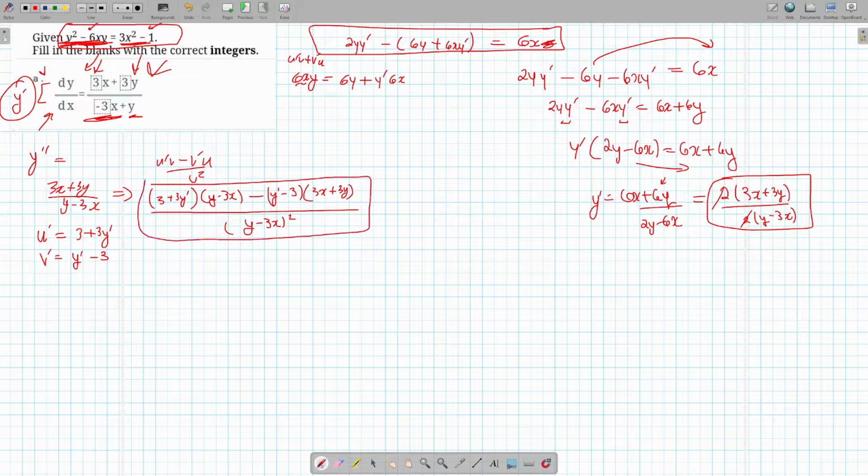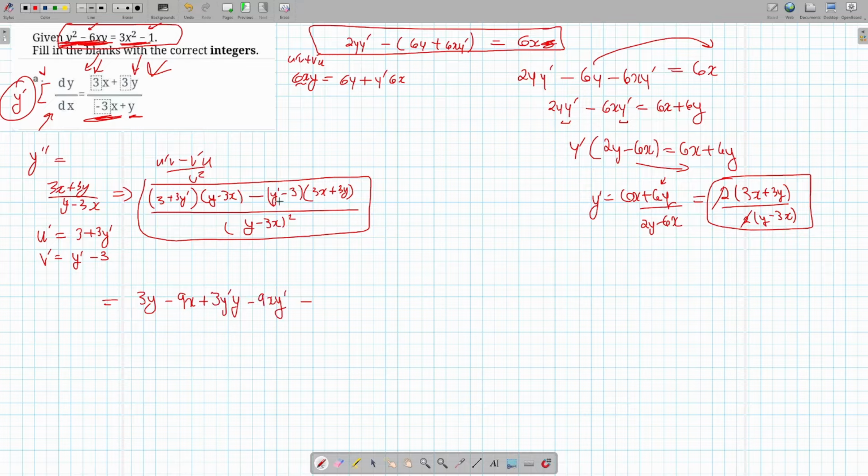What do we have to do? We gotta distribute. Unfortunately, we have to distribute. You actually have to do this. 3 times y, 3y. 3 times minus 3x, minus 9x. 3y prime times y is 3y prime y. 3y prime times minus 3x is minus 9xy prime.